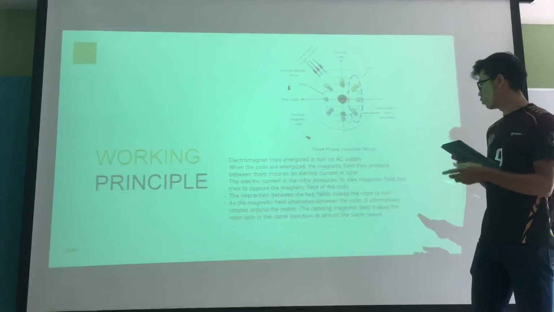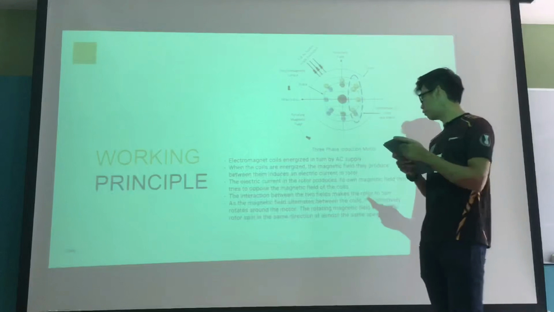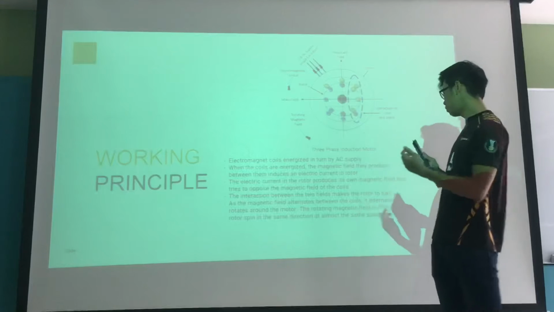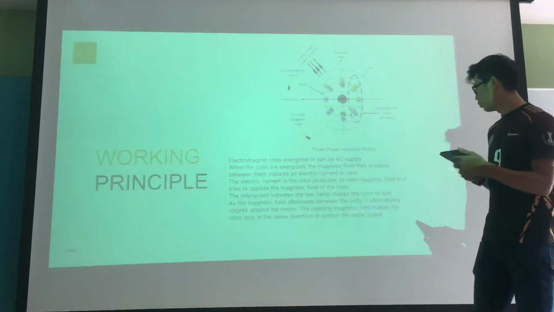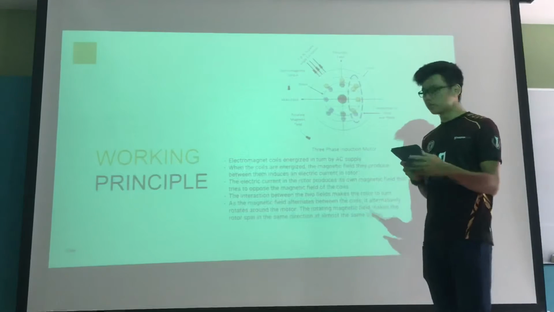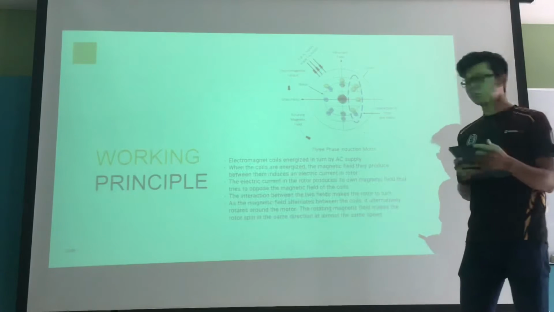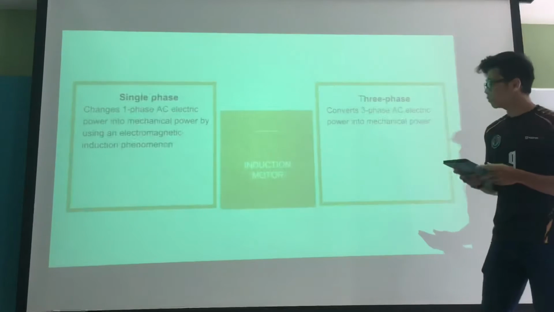The electric current in the rotor then produces its own magnetic field that tries to oppose the magnetic field of the coil. The interaction between the two fields makes the rotor turn. As the magnetic field alternates between the coils, it rotates around the rotor. The rotating magnetic field makes the rotor spin in the same direction at almost the same speed.